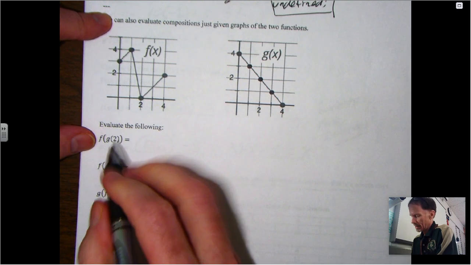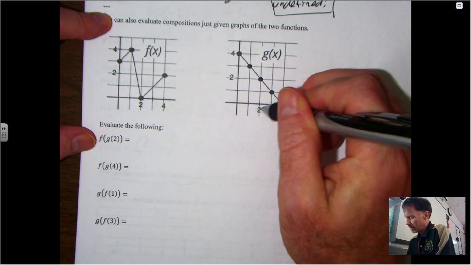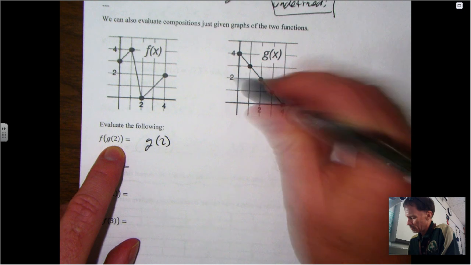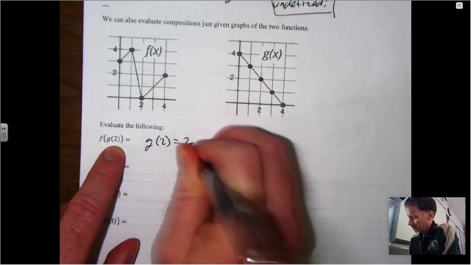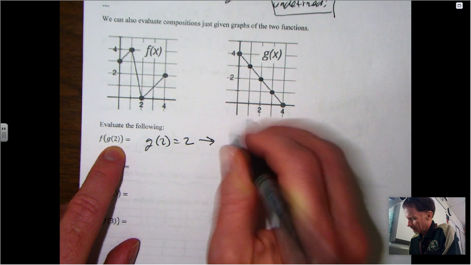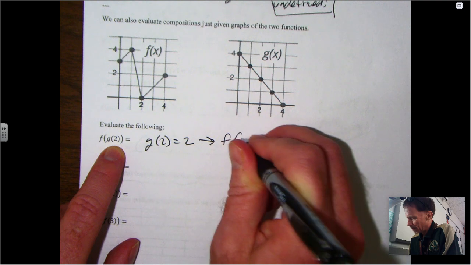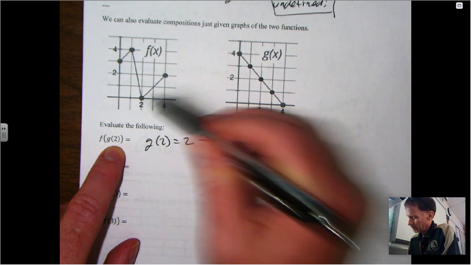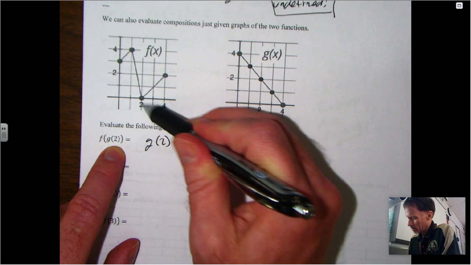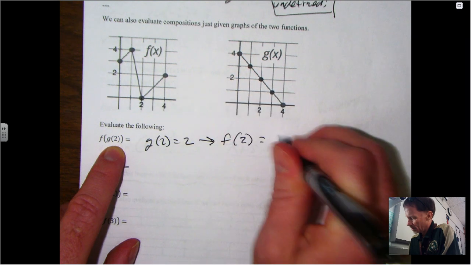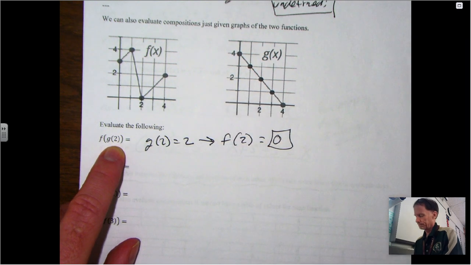So again, g at 2. When x is 2, g is also 2. And then we're going to take that and put it into f. So now f at 2 is 0. When x is 2, f is 0. So that's your final answer on that one.